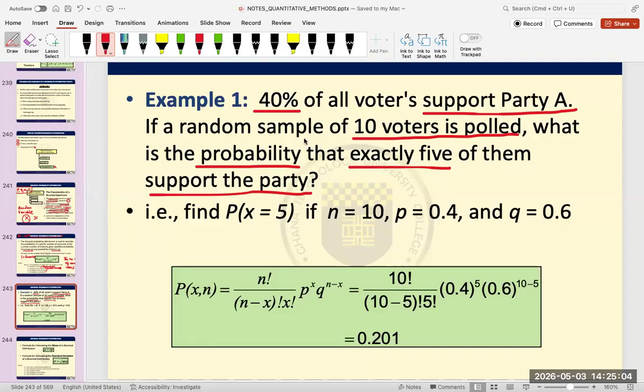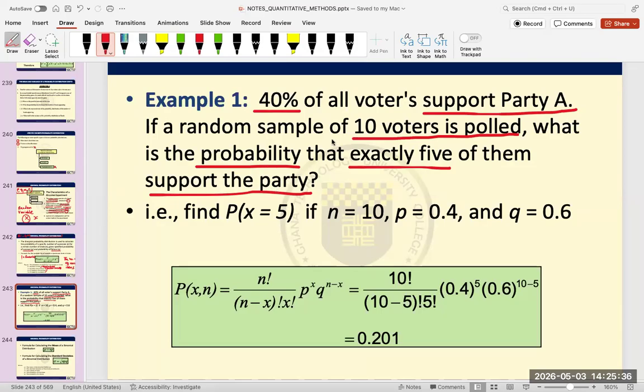I read the question again. 40% of all voters support party A. If a random sample of 10 voters is pooled, what is the probability that exactly 5 of them support the party?